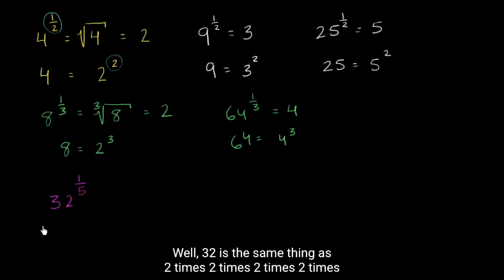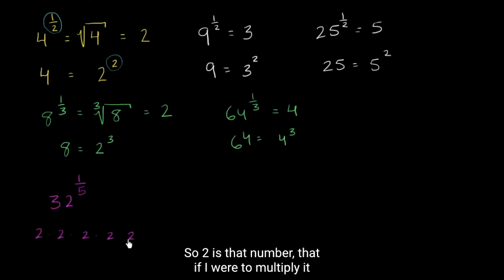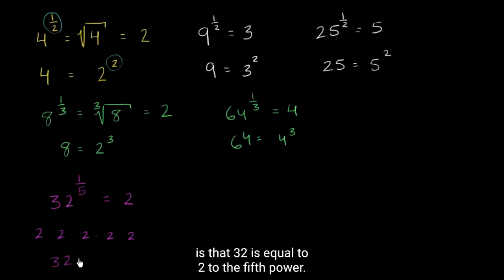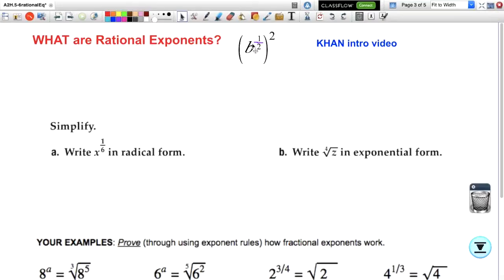Well, 32 is the same thing as 2 times 2 times 2 times 2 times 2. So 2 is that number that if I were to multiply it 5 times, I'm going to get 32. So this right over here is 2. Or another way of saying this same statement is that 32 is equal to 2 to the 5th power.